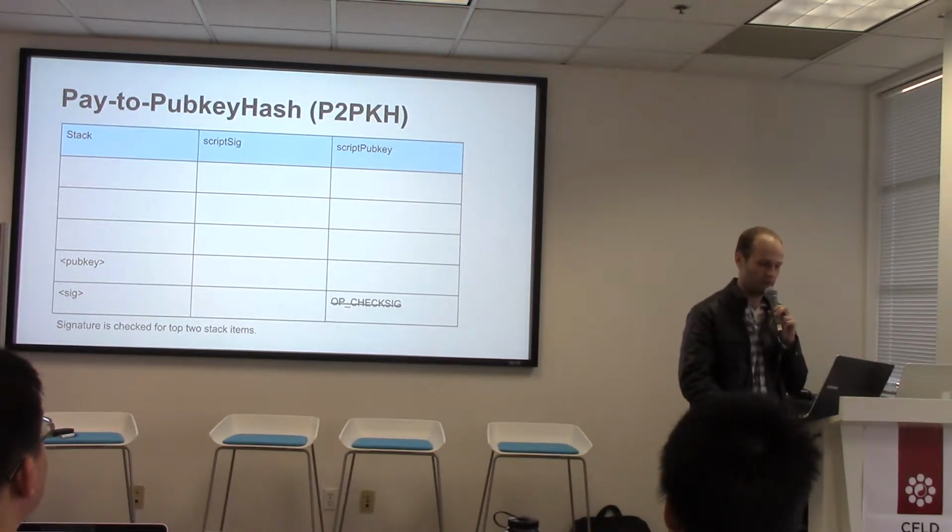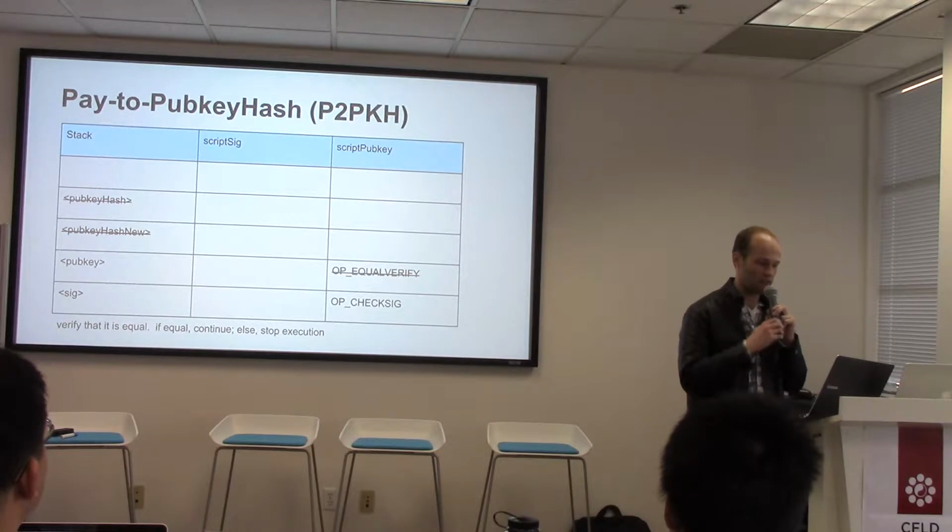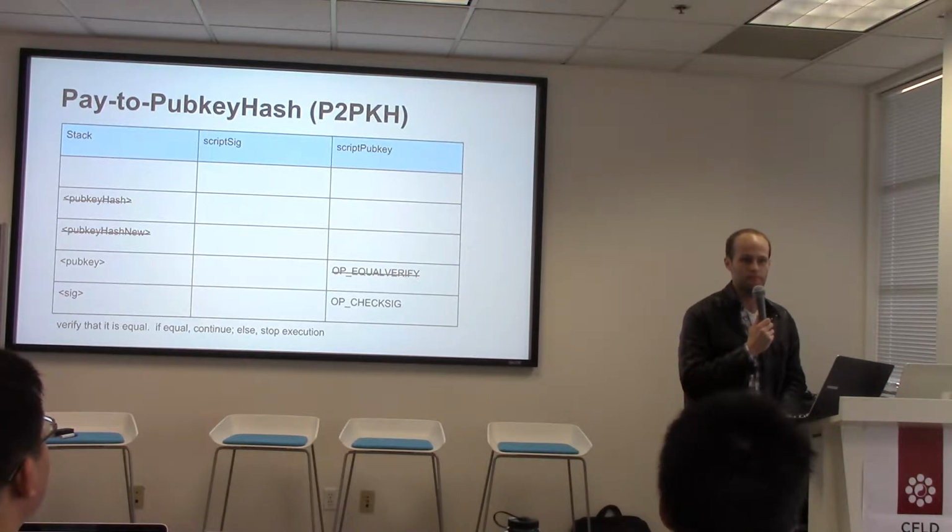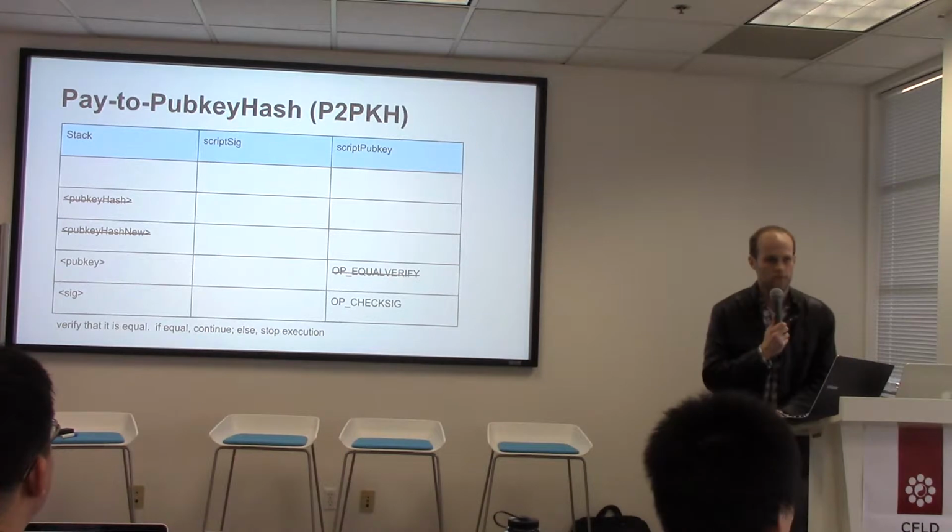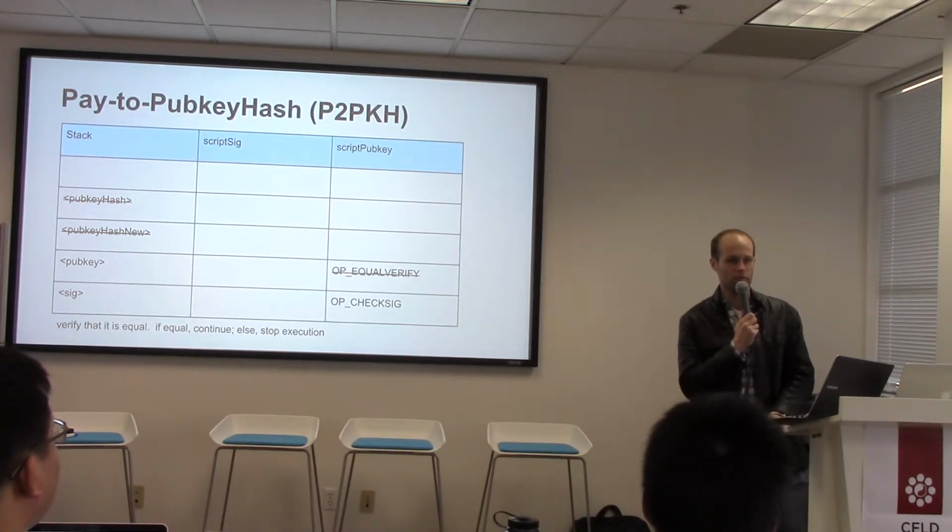It probably is accurate: op equal verify merely confirms that they are equal, removes them from the stack, and does not invalidate the transaction. If they're not equal, it probably just invalidates the transaction immediately. So it has a way of exiting? Yes, you can prematurely exit.